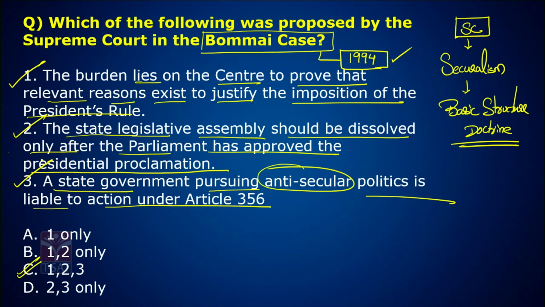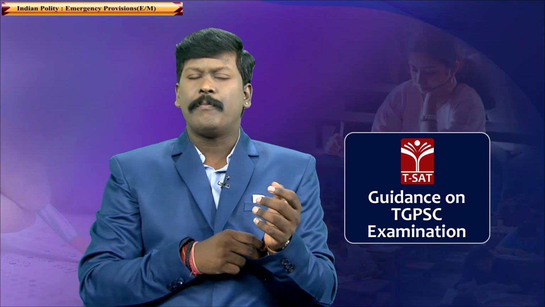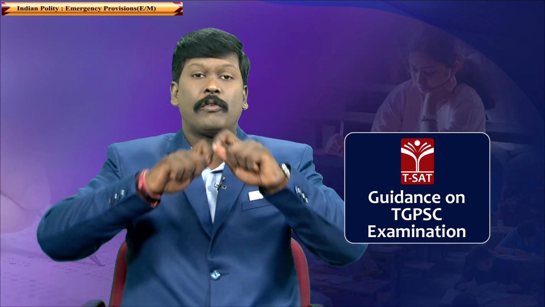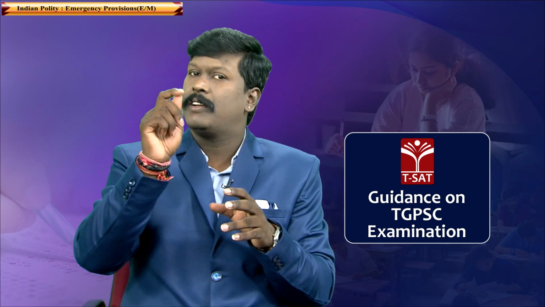Look at the first one. Whenever an emergency is imposed in the country, the federal character of this country will automatically turn unitary in nature without any amendment. The Center attains more powers when emergency is proclaimed.